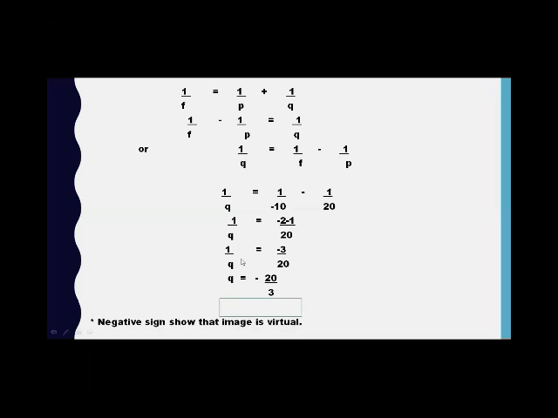Now here we have to find the value of q, not 1 over q. So to find the value of q, we will take the reciprocal of 1 over q. The reciprocal of 1 over q will become q only. So we must take the reciprocal here too. It is minus 3 upon 20, so after taking the reciprocal, it will become minus 20 upon 3.